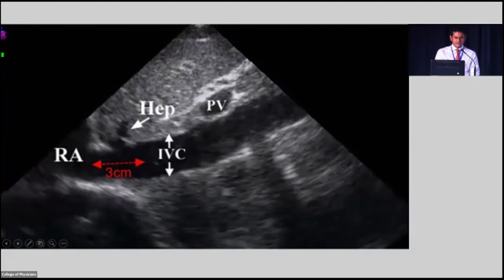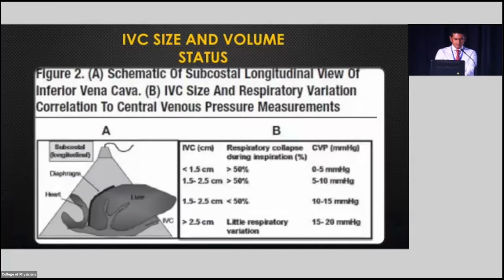So the recommendation is, if you want to get the diameter, so that if someone else does it, they do it at the same level: at least 3 centimeters from the right atrial IVC junction, or at least 2.5 centimeters from the hepatic vein and IVC junction. So when you repeat it, you can reassess the IVC diameter.